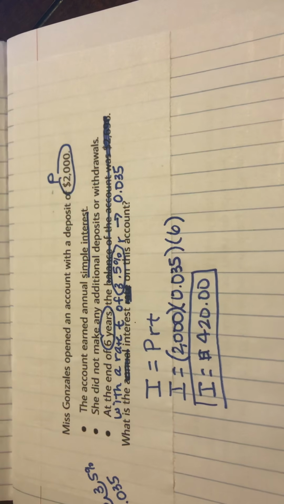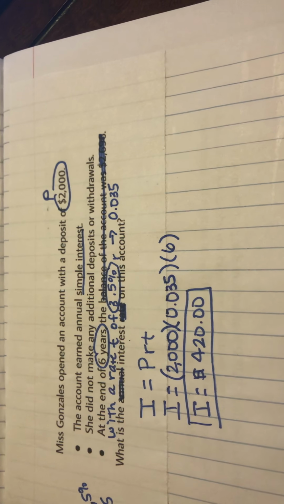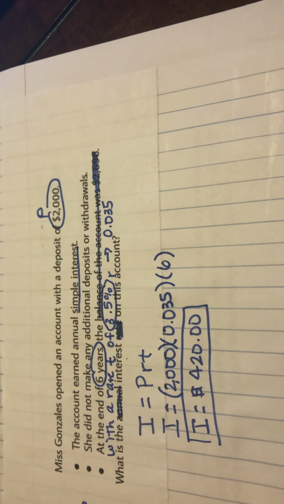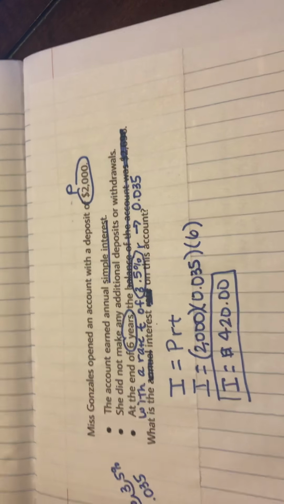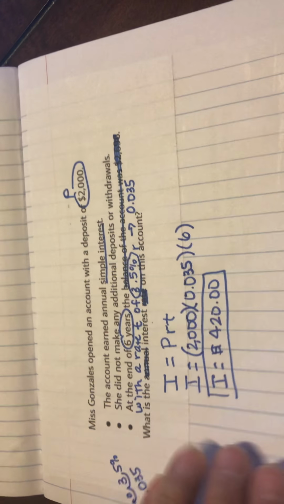Okay, so now this is what we're going to do. I'm going to keep going, so make sure that you're pausing whenever you need to. We're going into compound interest, okay? All right, so compound interest here is a different formula.